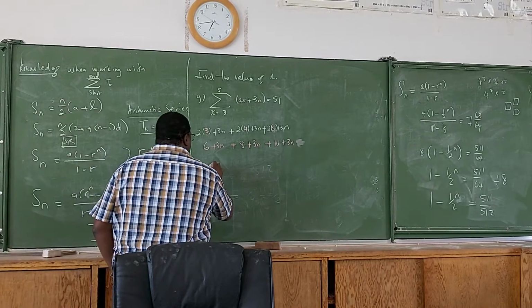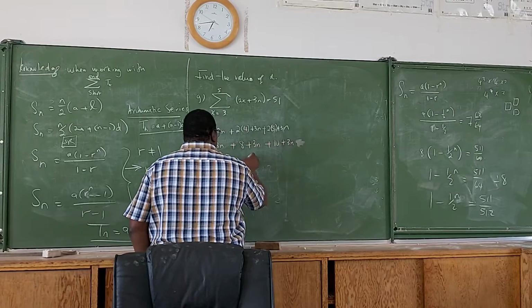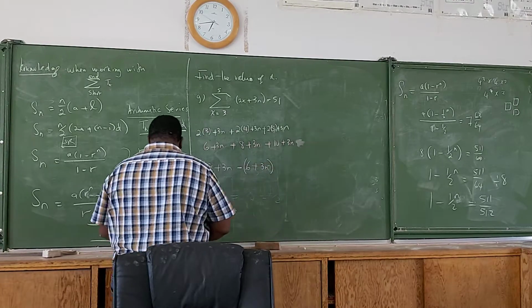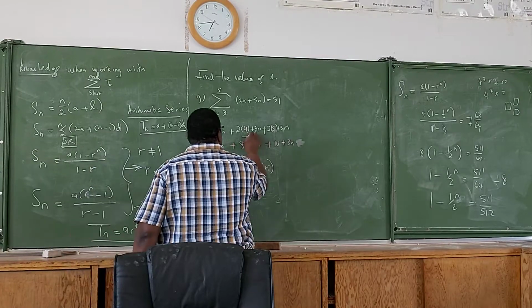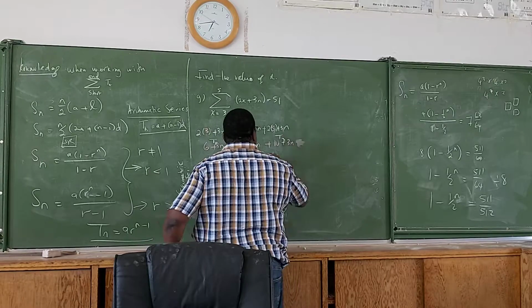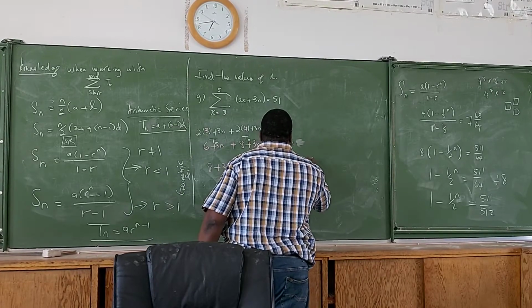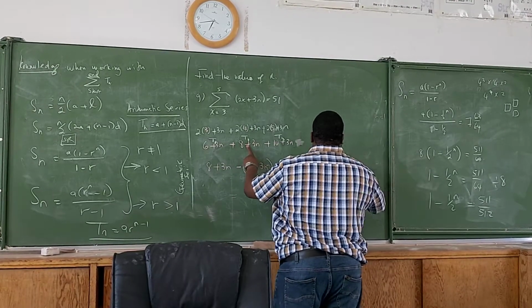If we subtract, 8 plus 3n minus 6 plus 3n. Now here you must be careful. I'm taking term 1, term 2, term 3. You want to see if it's the same thing as 10 plus 3n minus 8 plus 3n.